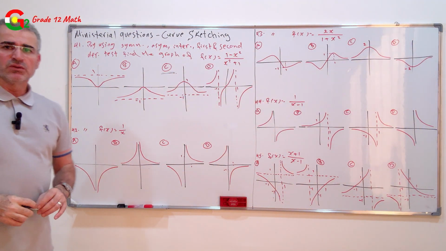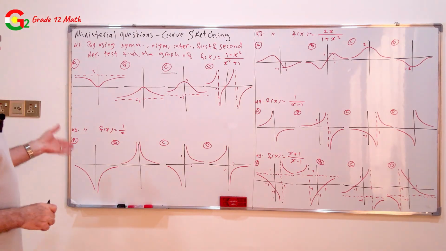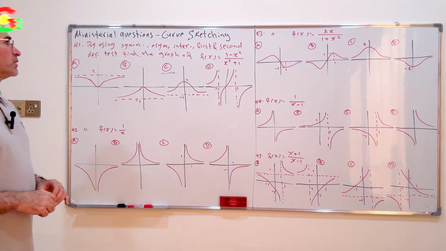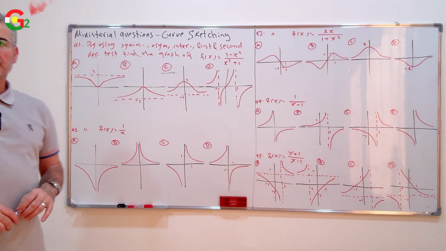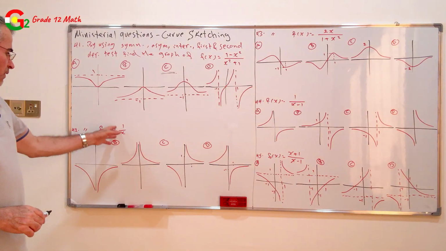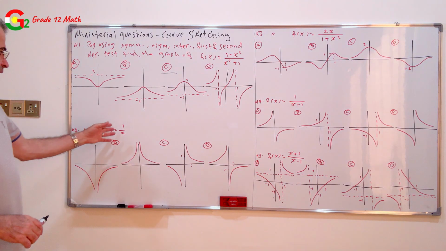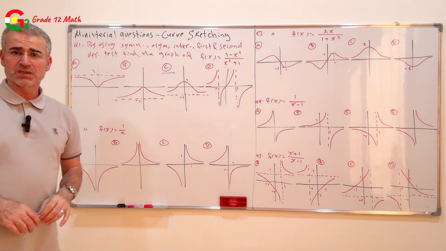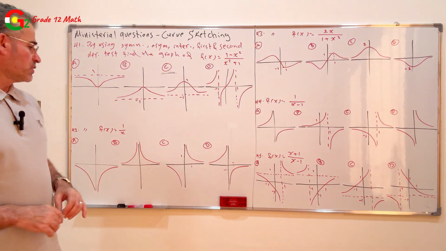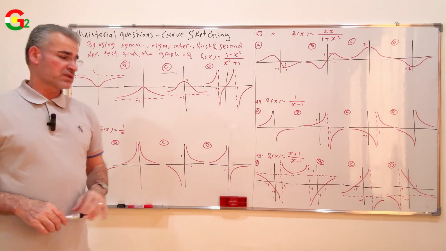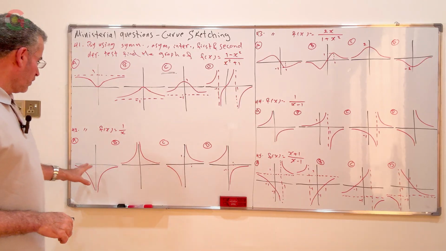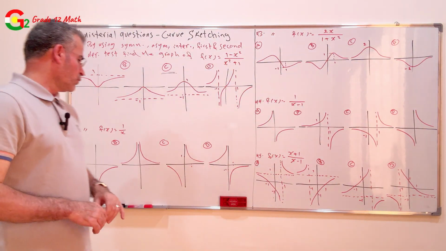Question number 42. Also use symmetry, asymptotes, intercepts, and the first and second derivative tests to find the graph of the function f of x equals 1 over x. As you see, the degree of the numerator is 0 and the denominator is 1. So we have a horizontal asymptote at y equals 0. All four graphs are true.